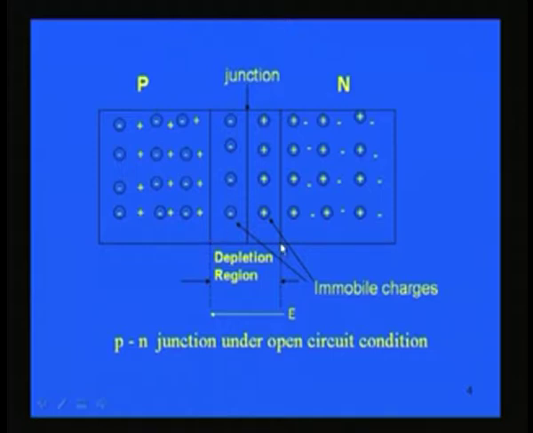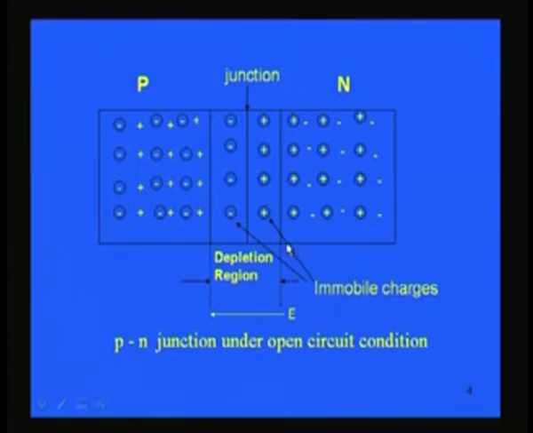So, now this potential is creating a field, say E. This field will be produced, and this potential barrier will now prevent any further movement of holes and electrons.